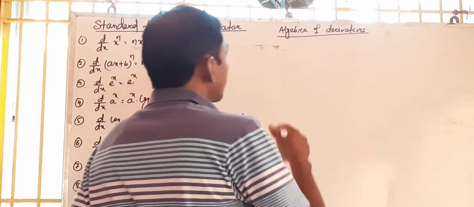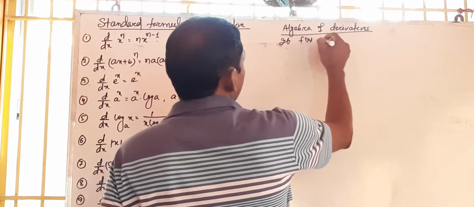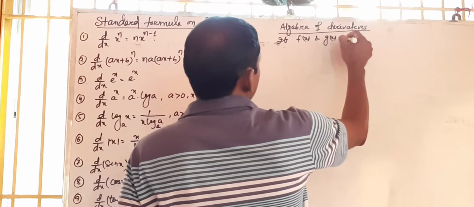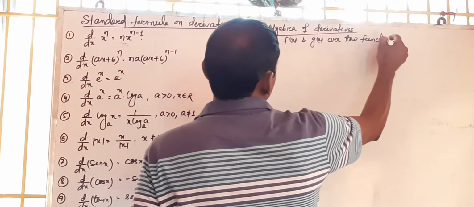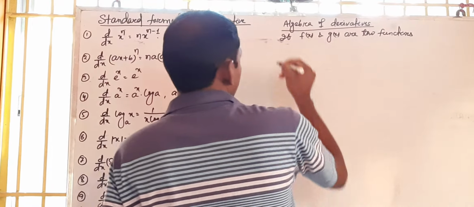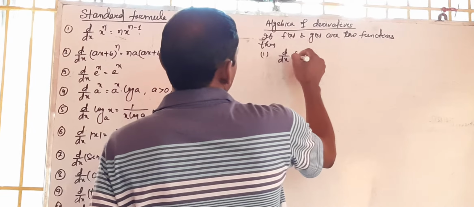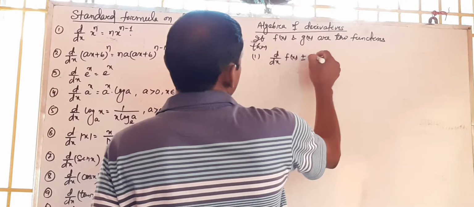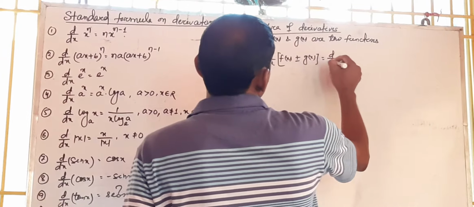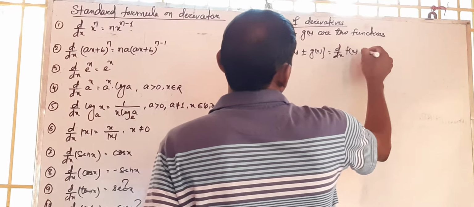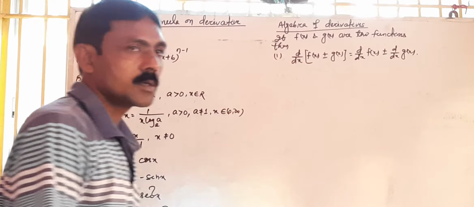Suppose f and g are two functions, then derivative of f of x plus or minus g of x equals derivative of f of x plus or minus derivative of g of x.